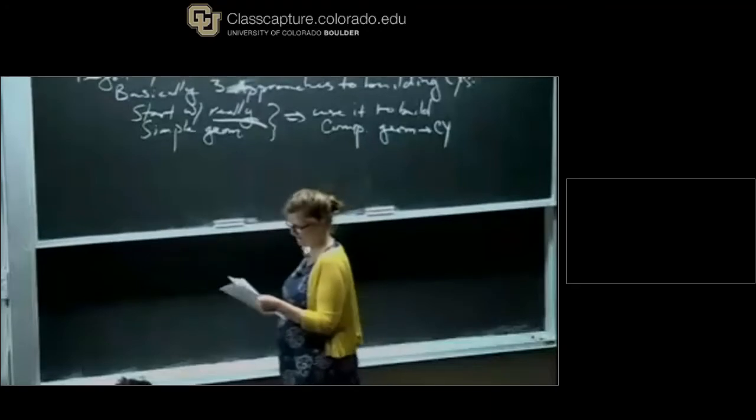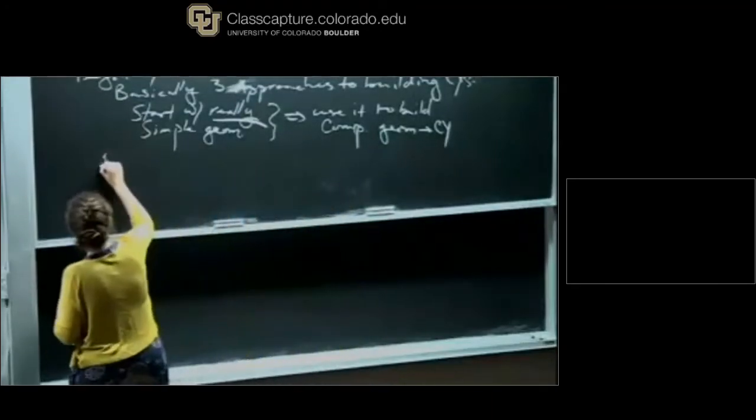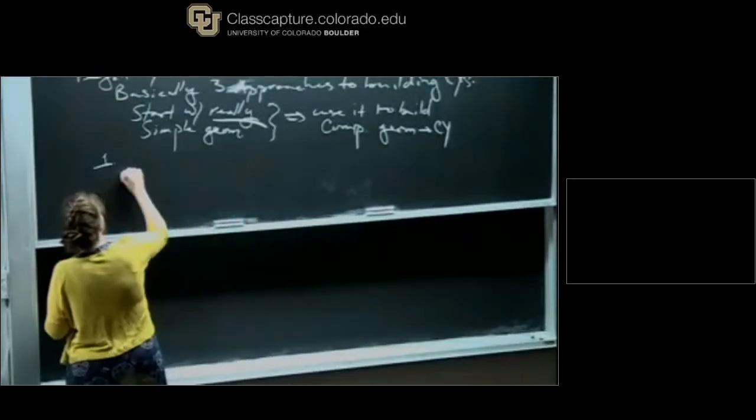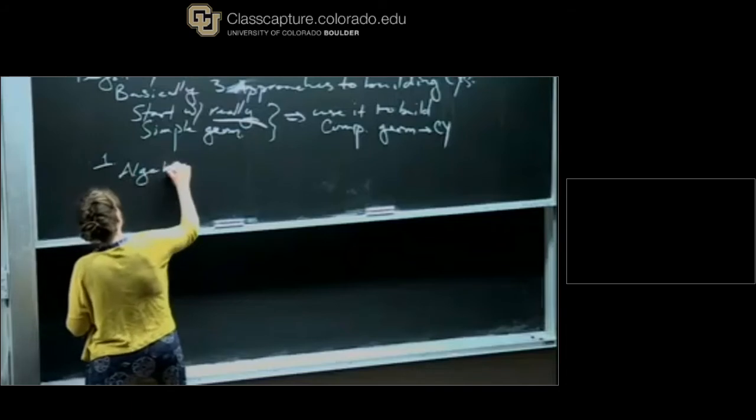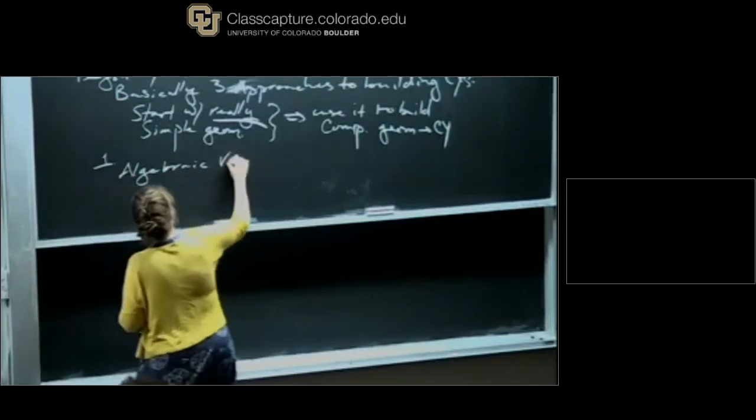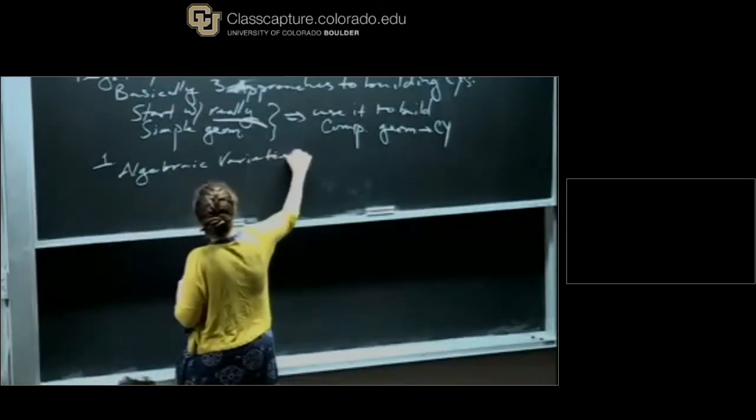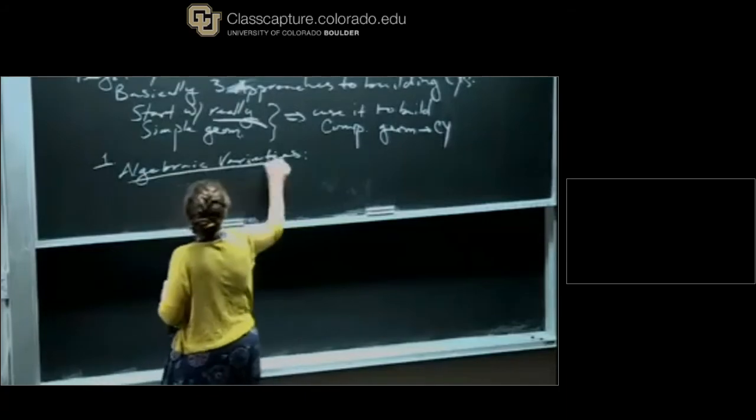So the first one is by far the simplest. This is the notion of algebraic varieties, which I've already mentioned, i.e. define a space via some polynomial equations.